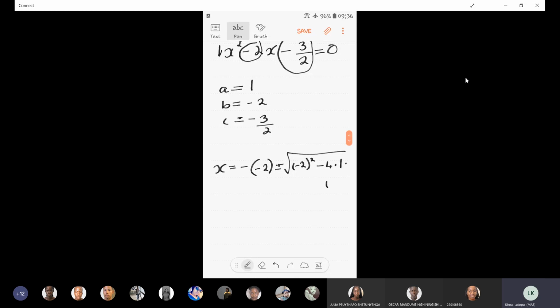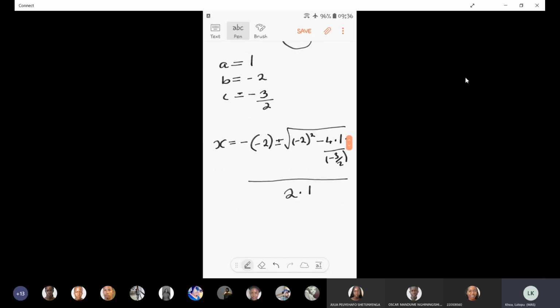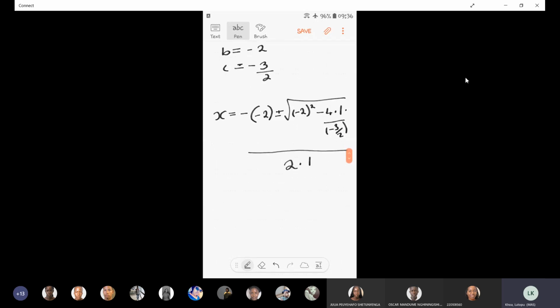And then there's negative 3 over 2. Remember, this is all under one square root, and then this is divided by 2 times a, which is 1. This you can just do on your calculator, very simple to do. We have x is equal to 2 plus or minus the square root of 2 squared, which is 4, minus 4 times 1 times negative 3 over 2.